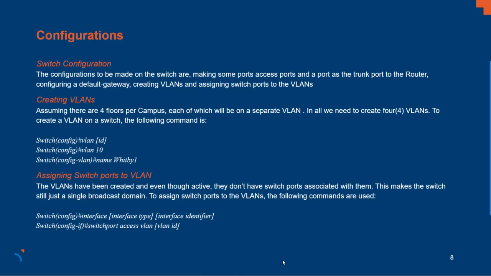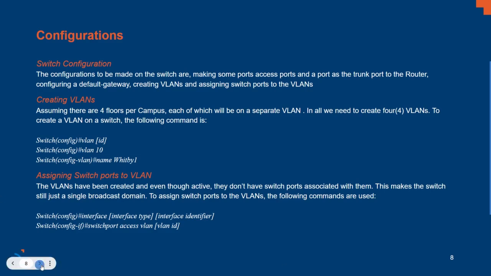Now the interface type in this command can be gigabit Ethernet or a fast Ethernet port, and the interface identifier can be 0/1 or 0/2 and so on. Then we can also add in the second command, we are assigning the VLAN ID, that is the ID of the VLAN the port is to be part of. So we can assign port 2 and port 3 to a particular campus or a particular floor in the campus.